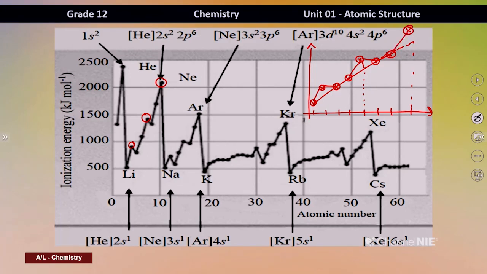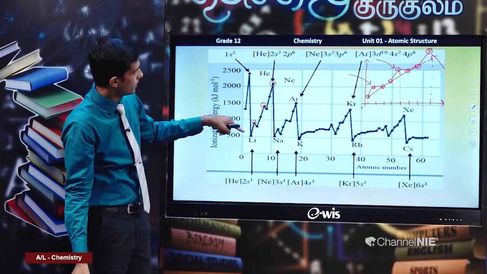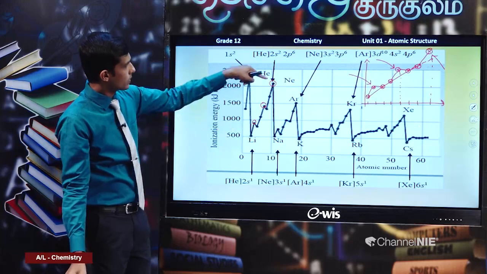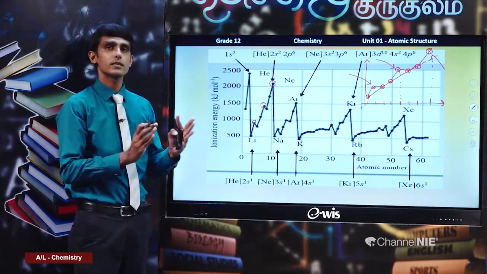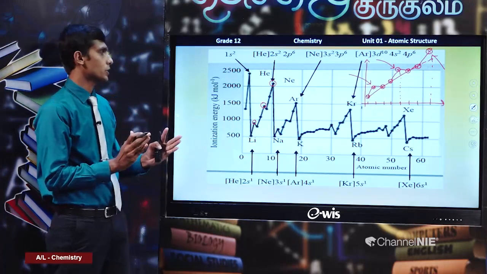Now you can see these 3 places, beryllium, nitrogen and neon. In this diagram, at these 3 places the values are quite greater than the common trend. So the reason is stable electron configuration.